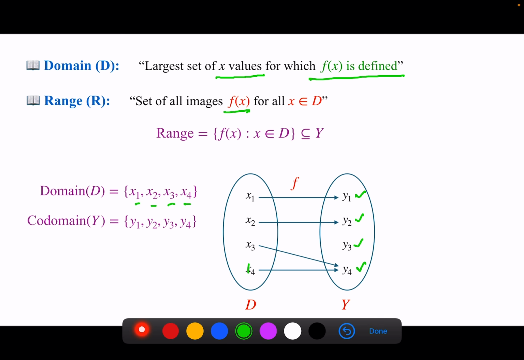If we talk about the range, what is the range? Here range is the set containing y1, y2, and y4. But here y3 is not the image of any x. That's why y3 is not included in the range. So clearly from here we can see range is a subset of codomain Y.